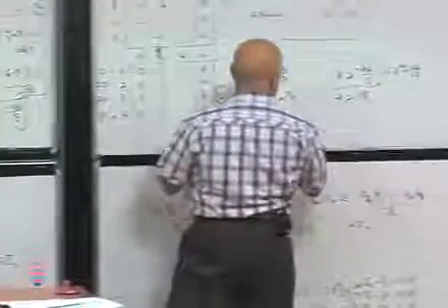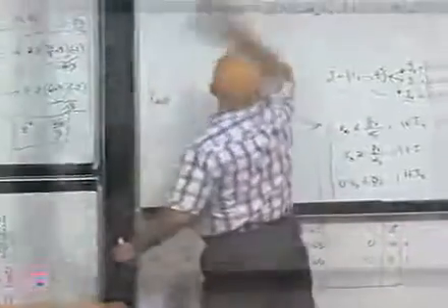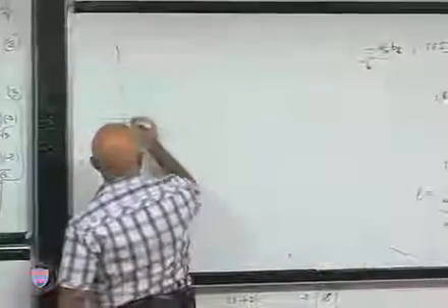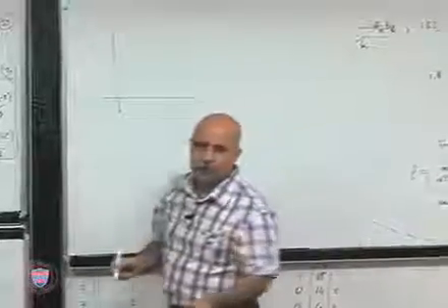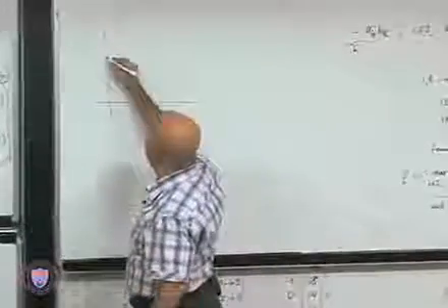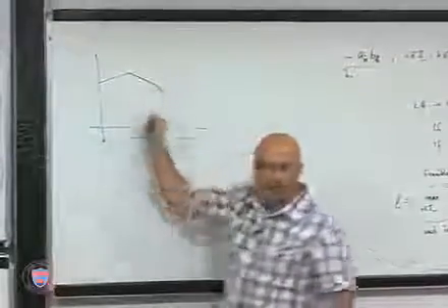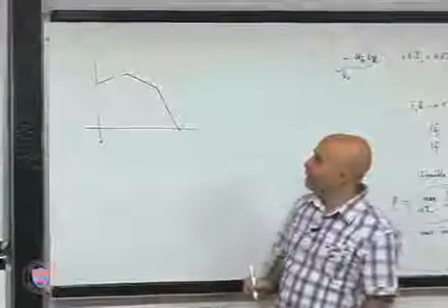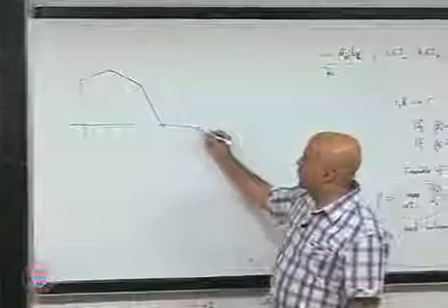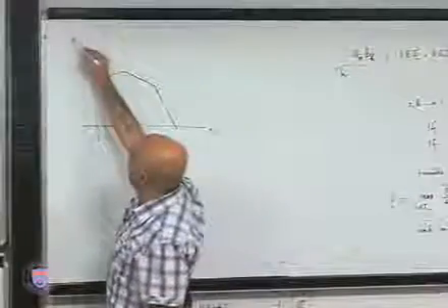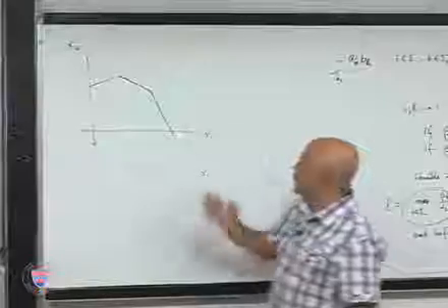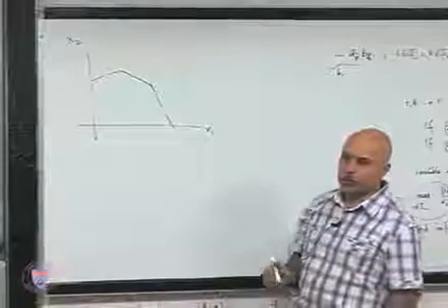All you're doing is the following. Let's assume we have only two variables, and we have a feasible set that may look like this. This is the x1 variable, this is the x2 variable. If I'm eliminating x1, what am I doing?